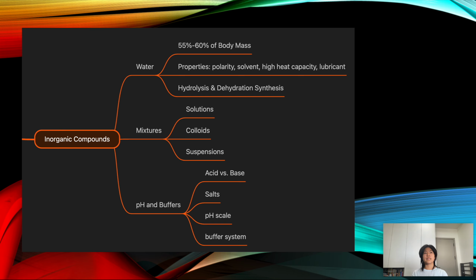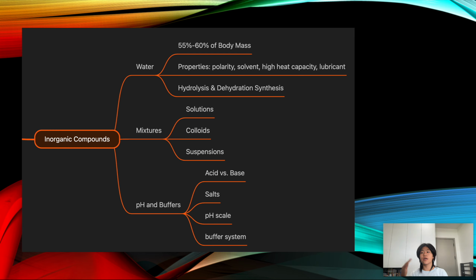pH is basically the concentration of hydrogen, and the equation for pH is the negative log of the concentration of hydrogen ions. We express how acidic or how basic a solution is with a pH scale of 0 to 14.